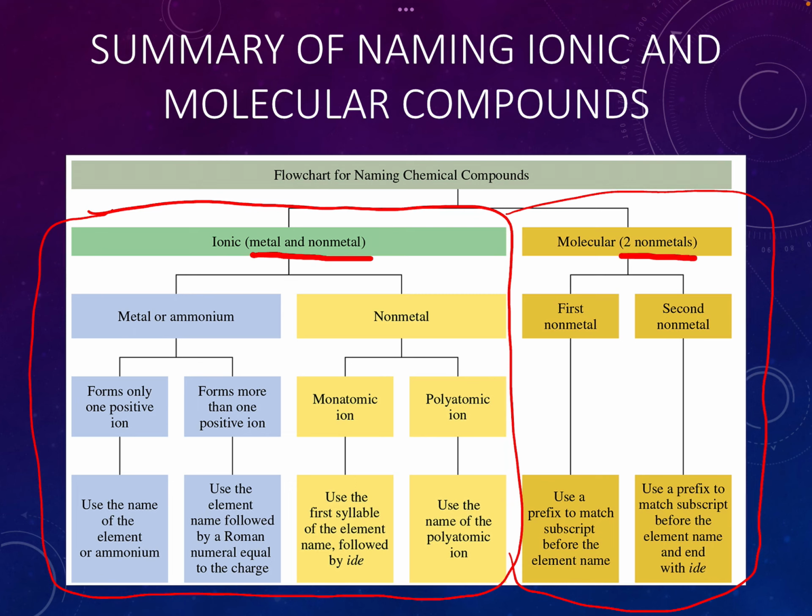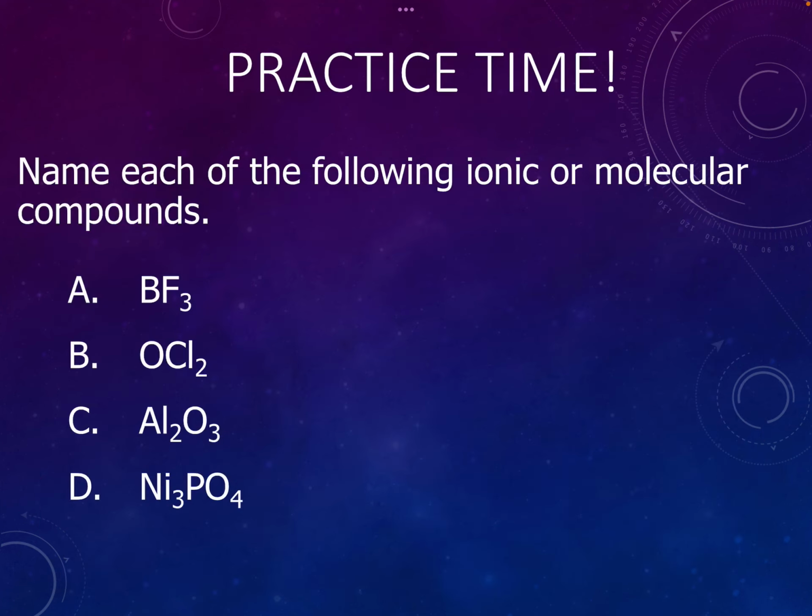So if you see your formula has a metal, automatically it's going to be ionic, because that's the only one that has a metal in it. But if it's got 2 nonmetals, then you go molecular. So that's how we'll tell the difference. So let's practice this. This says, name each of the following ionic or molecular compounds.